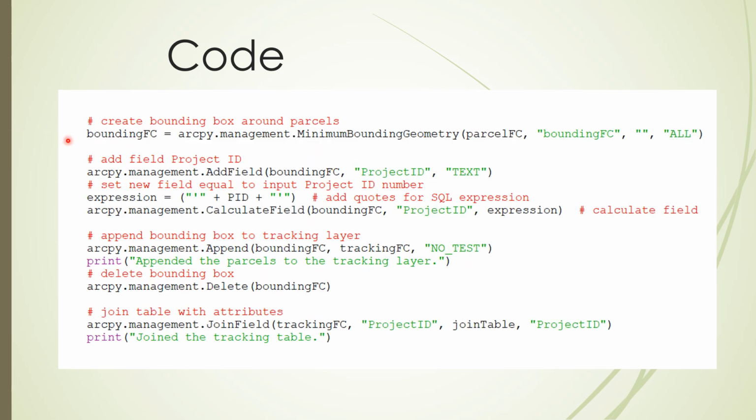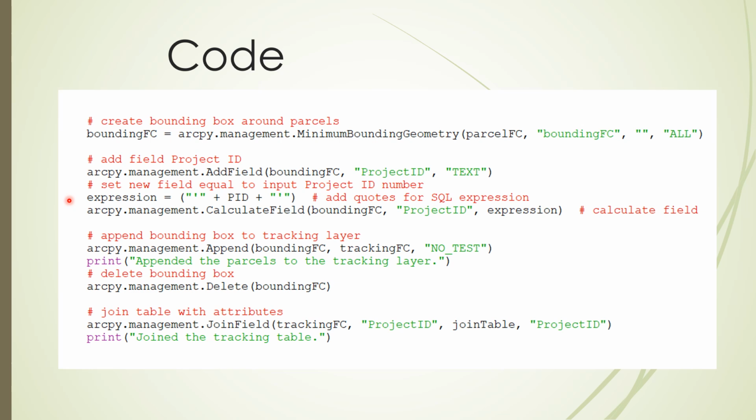These are the sections of code where I run the ArcPy tools. So I create the bounding feature class using the minimum bounding geometry tool. Then I add the field for project ID, and this took me a little bit of time, but I had to get the SQL expression right.